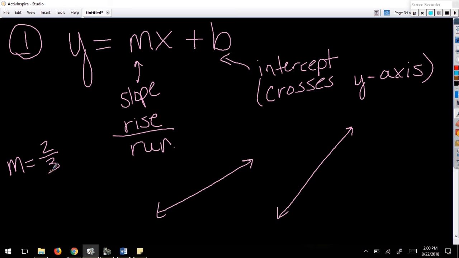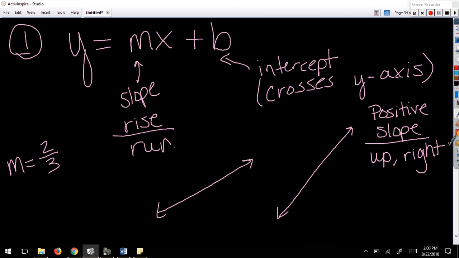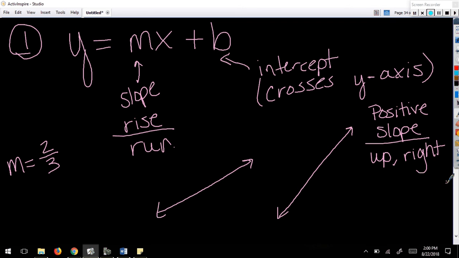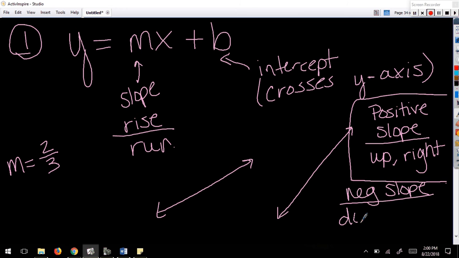So just as a note so that you remember, positive slope always goes up and then right. And negative slope, come on now. Negative slope goes down, but it still goes right.